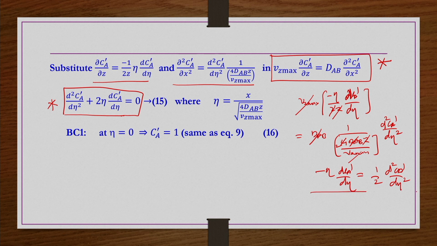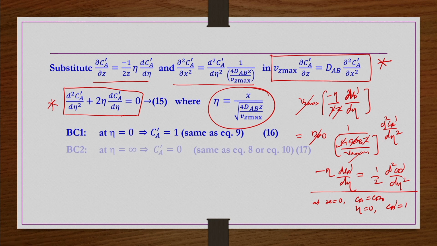So, coming to the boundary conditions, at x equal to 0, we have Ca equal to Ca naught. If x is equal to 0, that means from this definition of combined variable, η is 0, and if η is 0, that means Ca by Ca naught is equal to 1. Ca by Ca naught is nothing but Ca', so that is equal to 1.